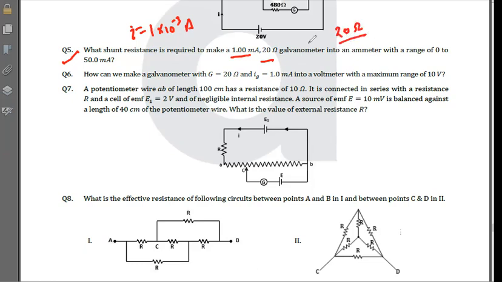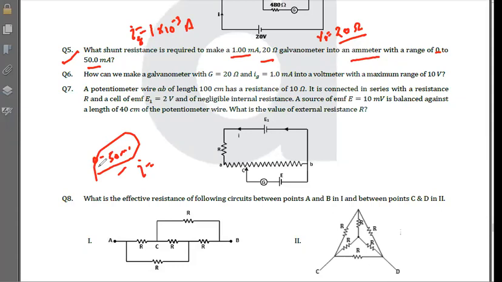So this is IG and this is RG. IG, RG is given, into an ammeter with range 0 to 50 milliampere. So this is I. I is equal to 50 milliampere.